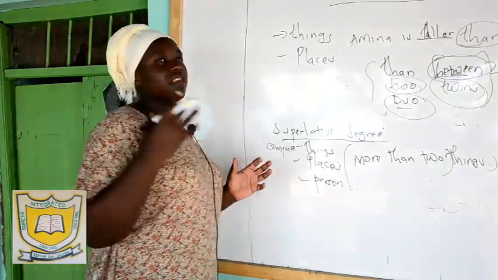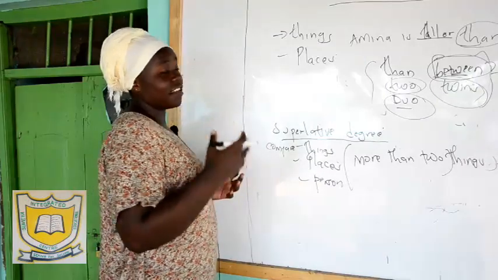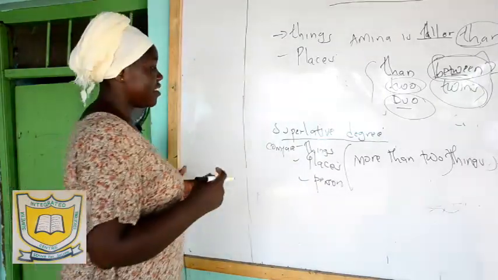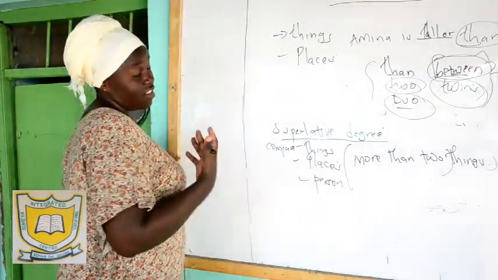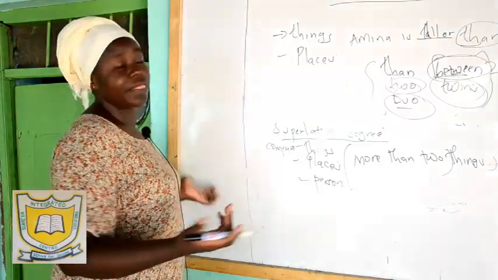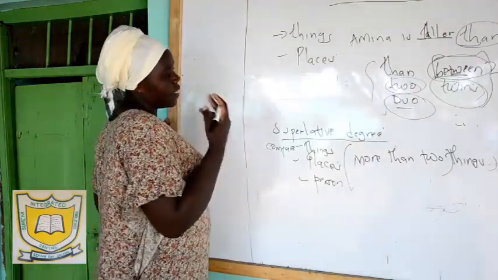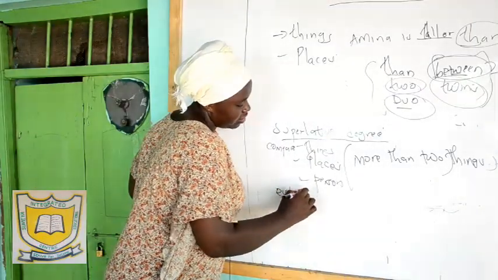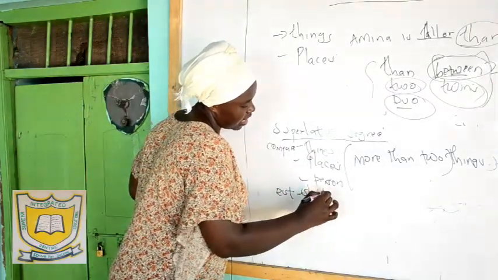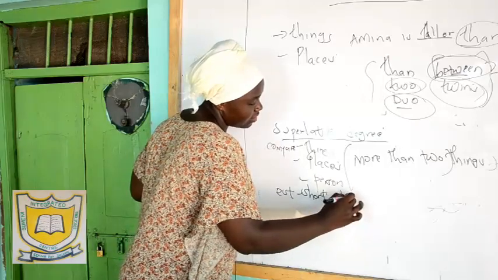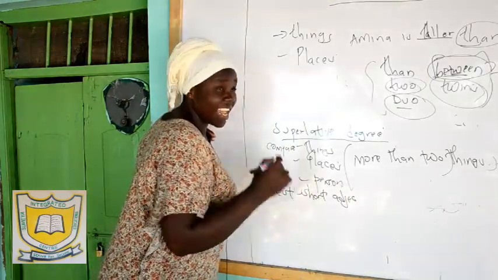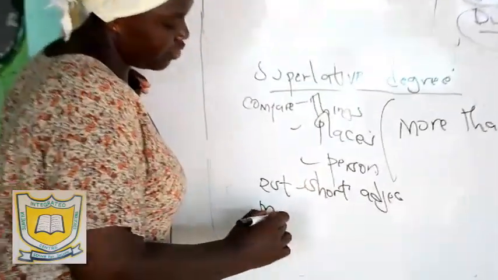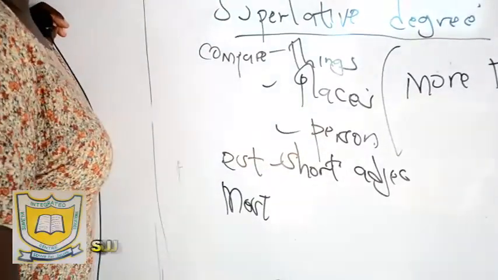Now, in the superlative degree of an adjective, short adjectives take est. We also call it the est form of an adjective. We use the est for short adjectives. And for those that are long adjectives, we use most in their superlative.